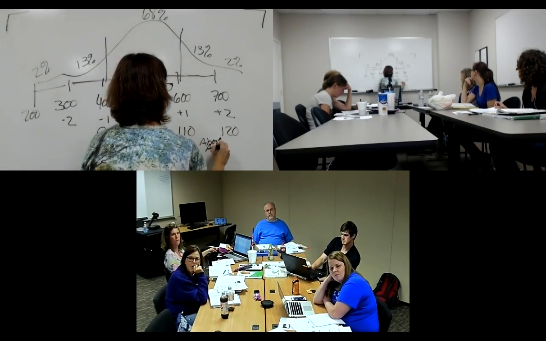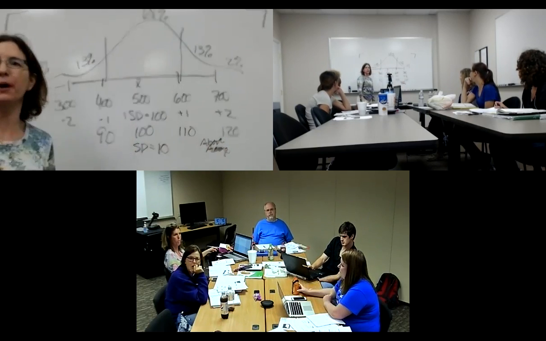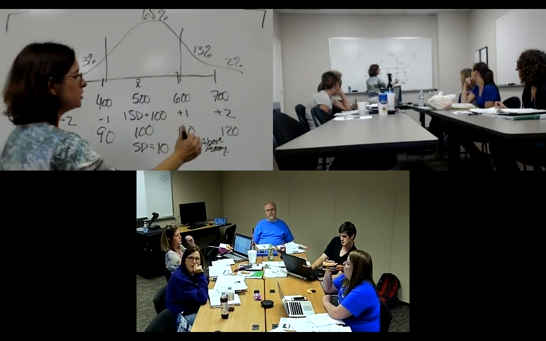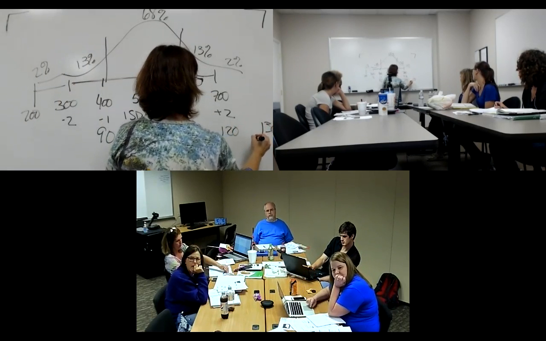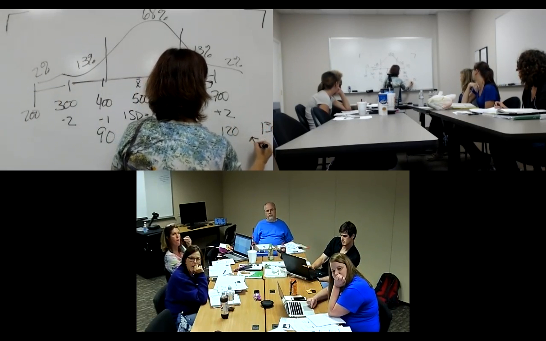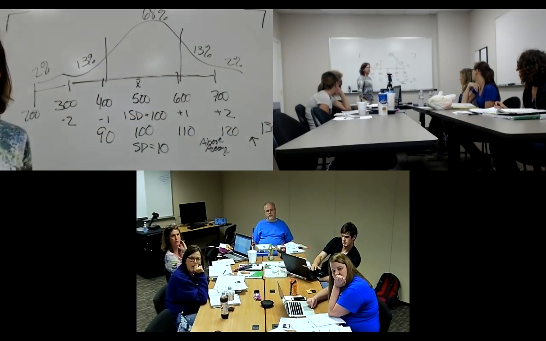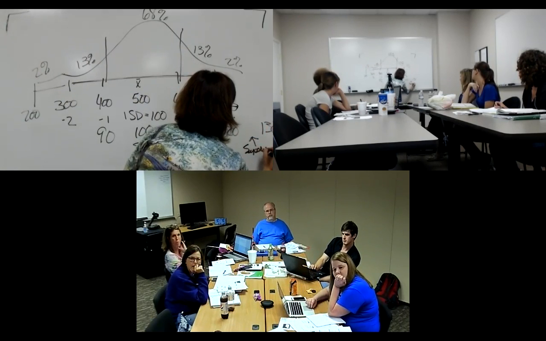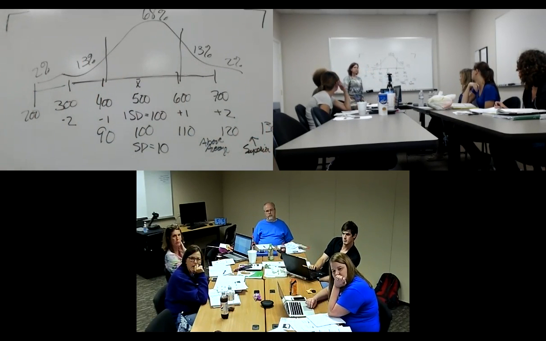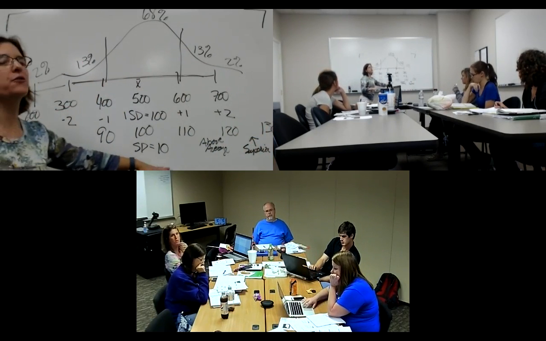Real original name there, but nonetheless, it's above average. If you go out to a 130, that range right there is superior. And I have tested some kids that have fallen in that area. So relative to everybody else that has taken this test, those are the norms.